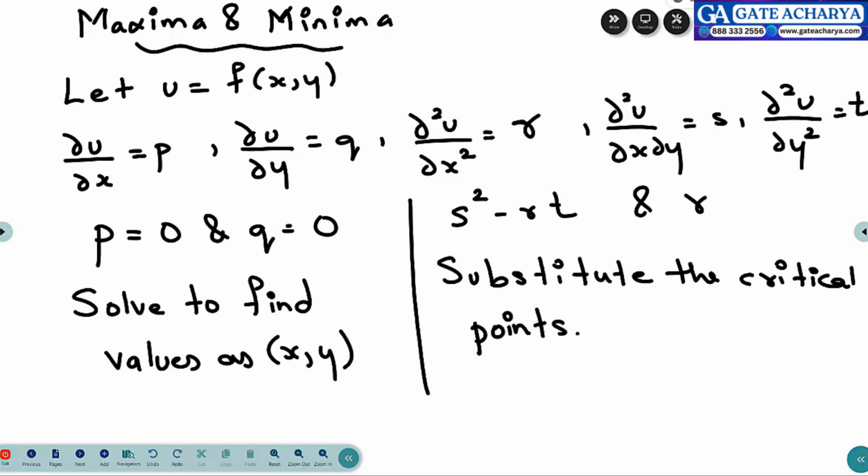So the same logic. Second condition: if s square minus rt is less than 0, but r is greater than 0, then the point is minimum.